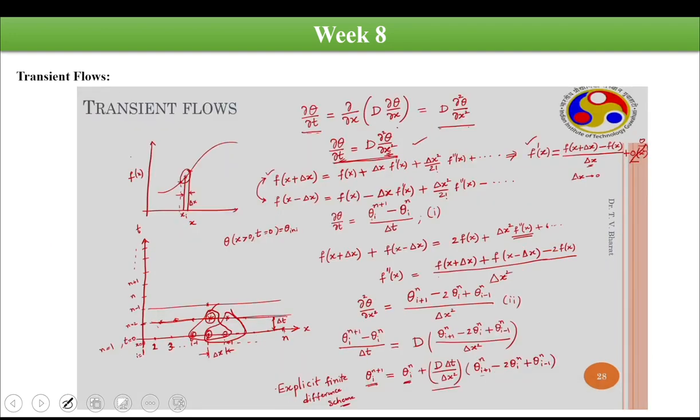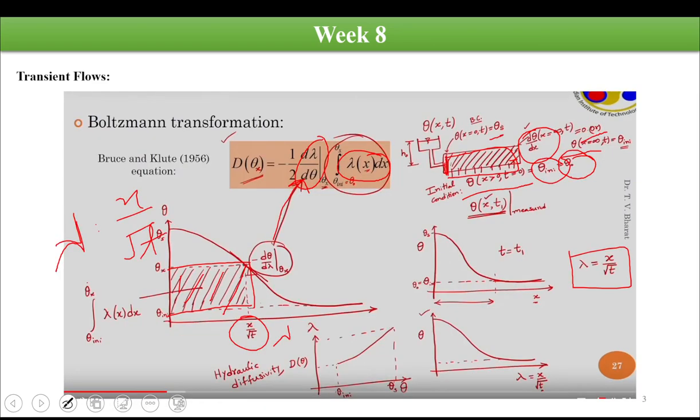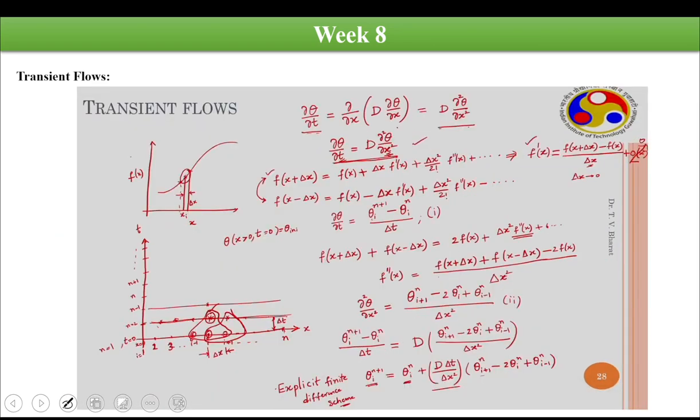So, for solving this diffusivity equation, some numerical methods are there. The first one is the explicit finite difference scheme, in which we make use of the Taylor series, and based on that, we convert this problem into a finite difference problem.